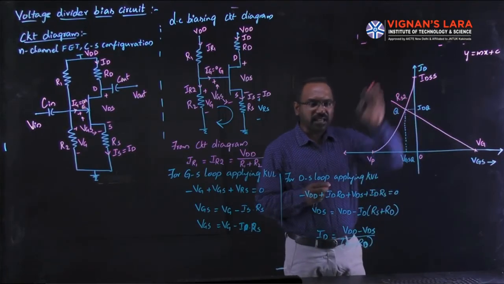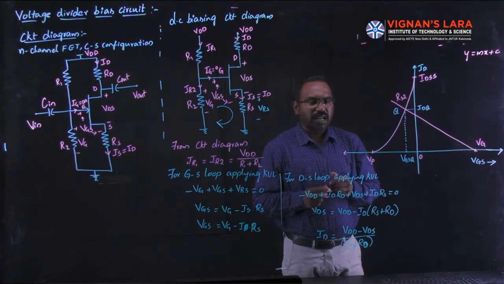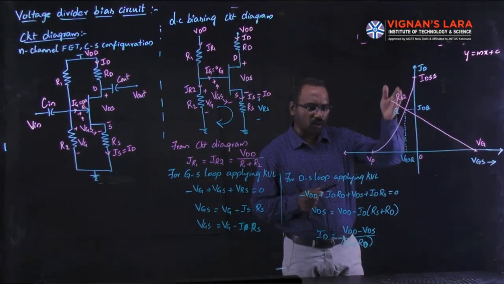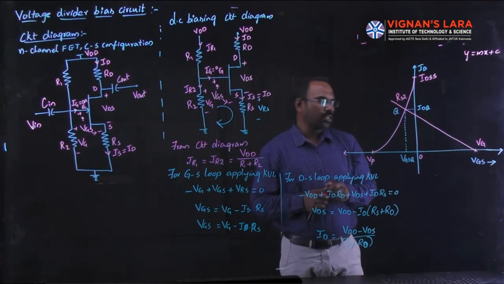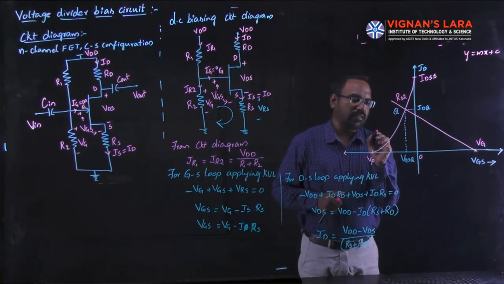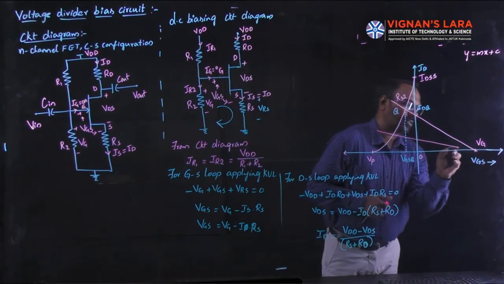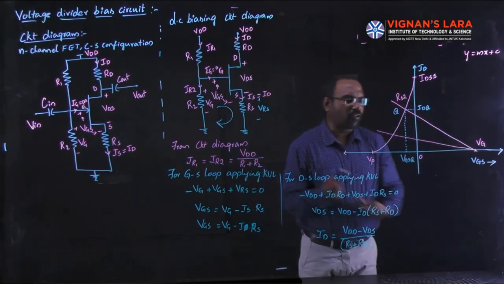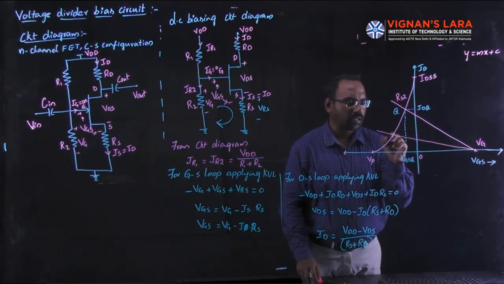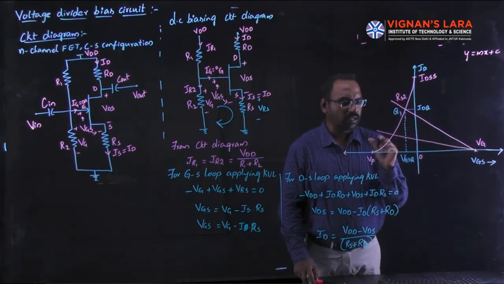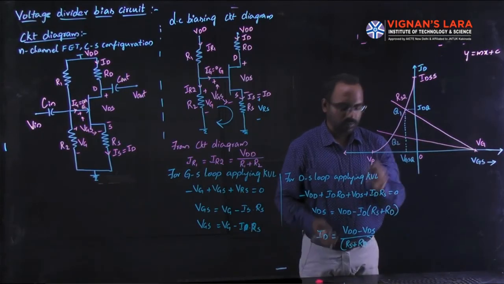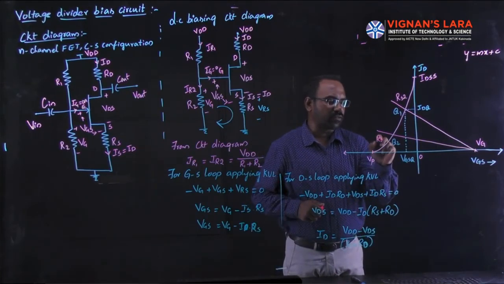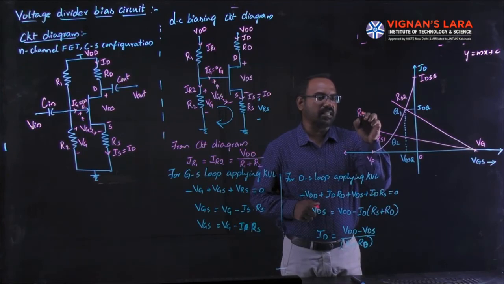When you increase the RS value, what is going to happen is the straight line will be moved downwards. Why? Because the slope is going to change. So it will be like this. So let us assume this is Q1, this is Q2. So this is the quiescent point at RS1, but what is the condition?